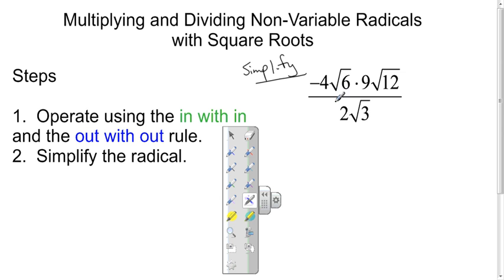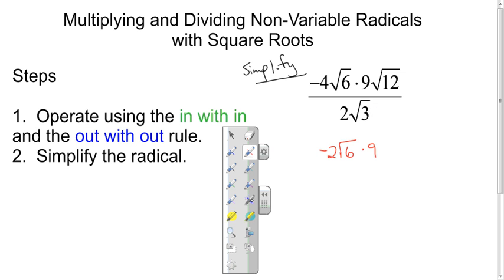But anyway, I'm going to match the outers of the negative 4 and the 2 and the ins of the 3 and the 12. So what does this give me here? It is going to give me -2 times the root 6, which I did not use in that computation, times 9.